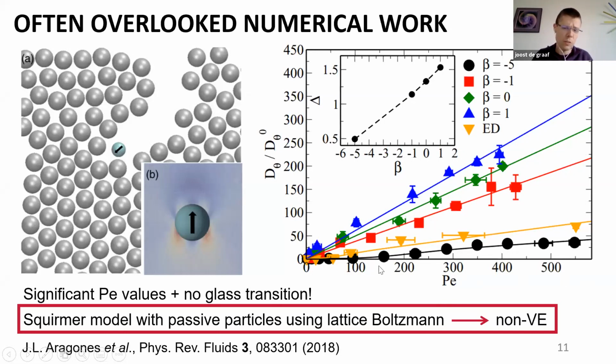For experimental systems, a Peclet number of 100 is not unreasonable, so they are in the right ballpark, at least. But one, it's monodisperse spheres, so those definitely don't glass in 2D. And the other thing is that getting to the properly high densities related to glassy dynamics using lattice Boltzmann is actually not that simple.